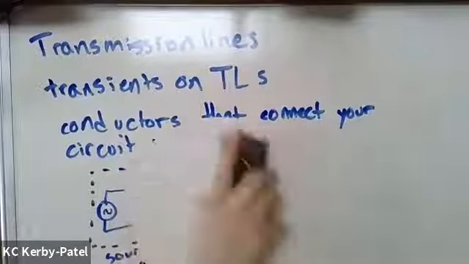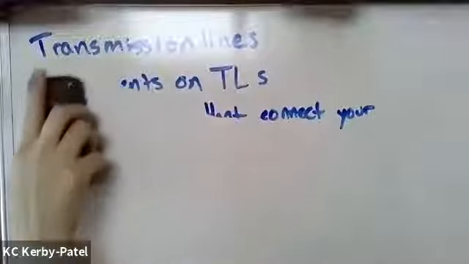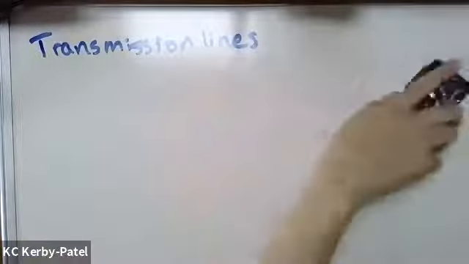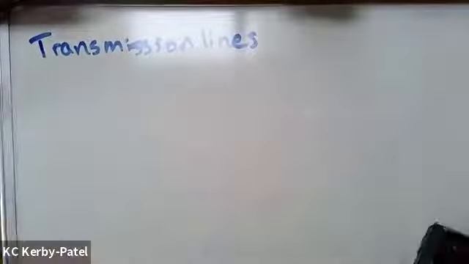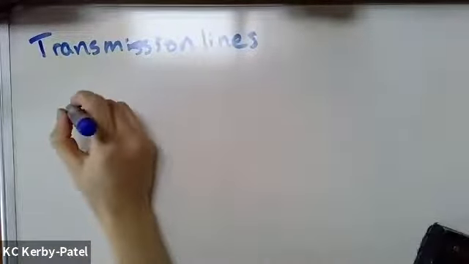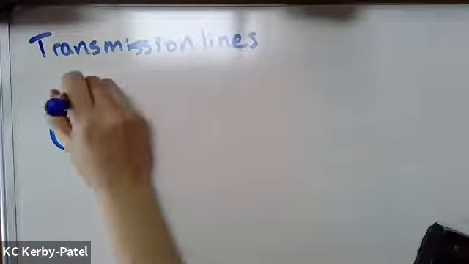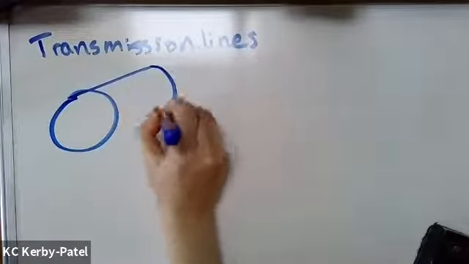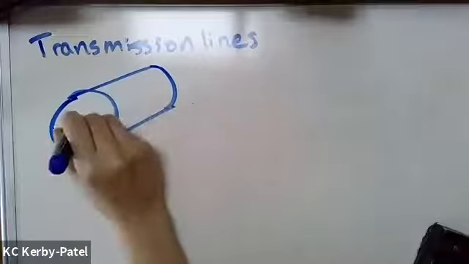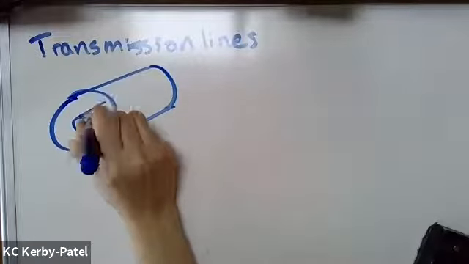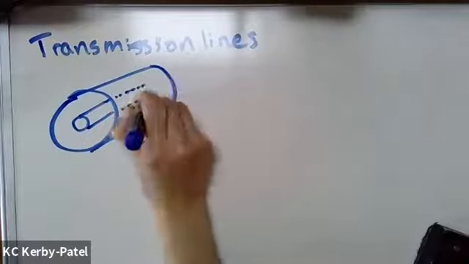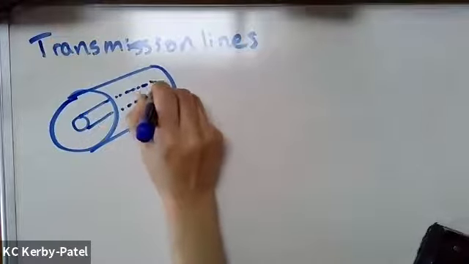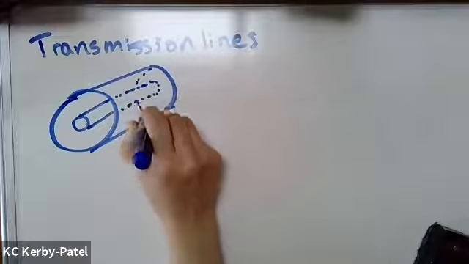First of all, I want to talk about what transmission lines look like. You've definitely seen them before in your life. They're all around you. They might be a coax cable where you have an outer conductive shield and an inner wire in the middle. And by coax, I mean coaxial because they have the same axis.